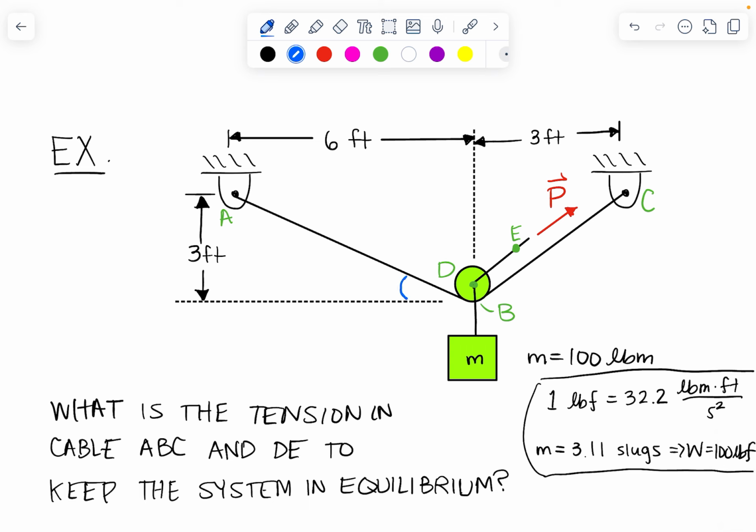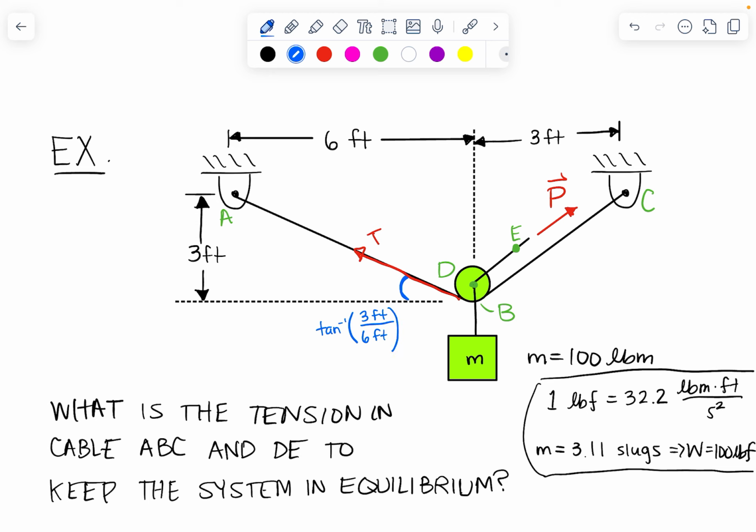So first of all, I'd like to get this angle here because that will tell me the angle that the tension on this side of the pulley is acting, right? So this angle is going to be the tangent inverse of opposite, 3 feet, over adjacent, 6 feet.